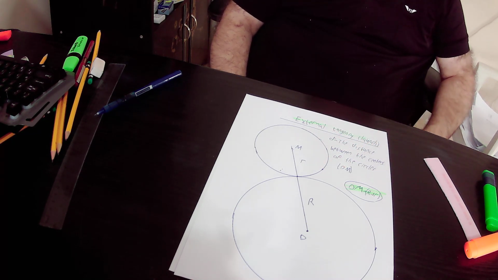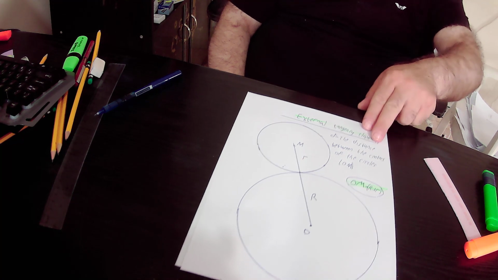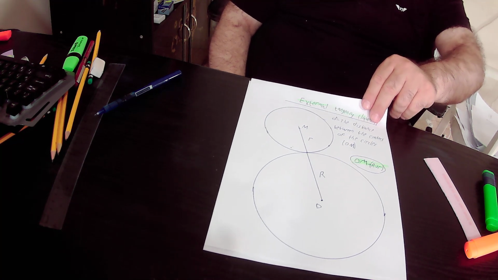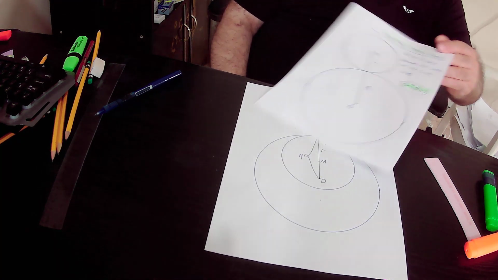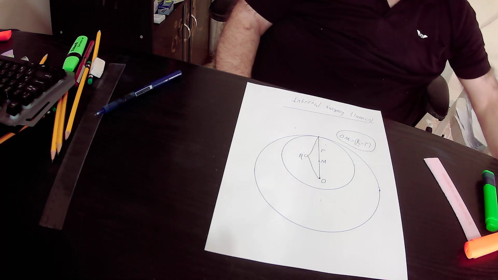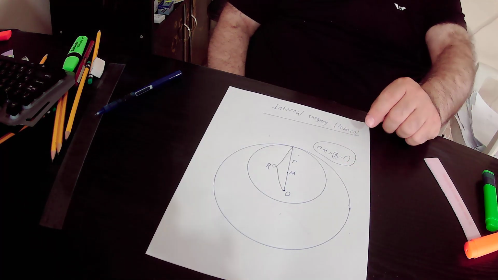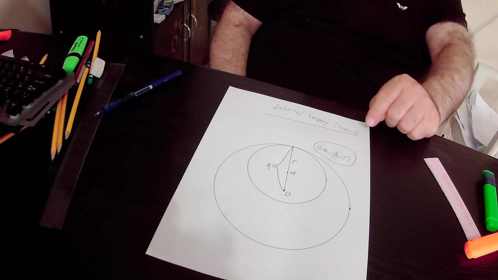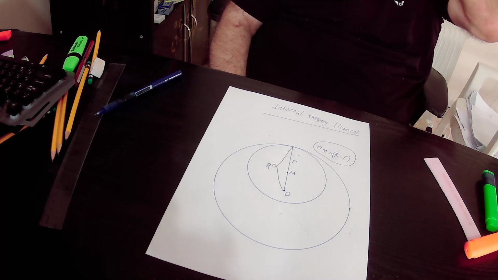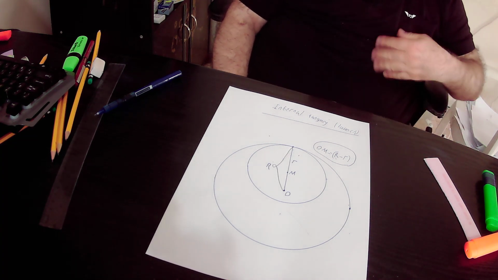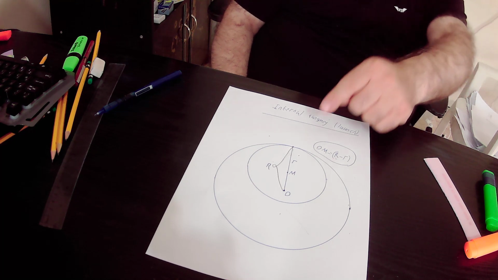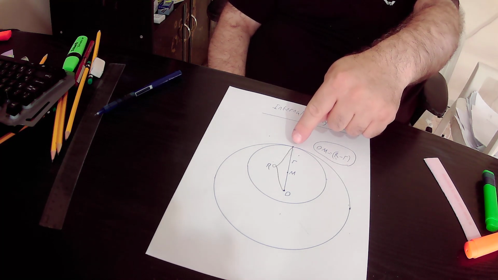And we also have a second type of tangency between two circles. The second type of tangency is the internal tangency. In this case, the two circles are touching each other internally. At this point, this is the point of tangency.